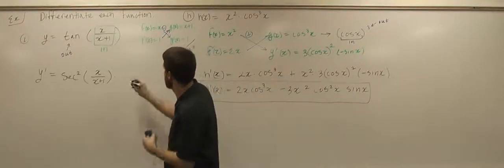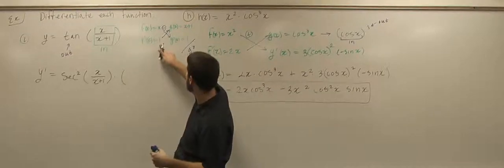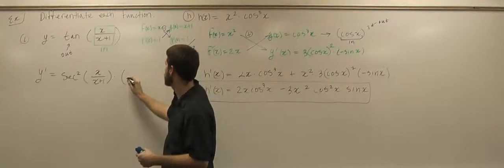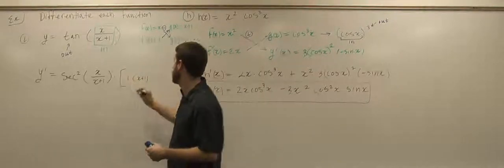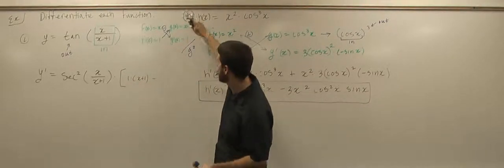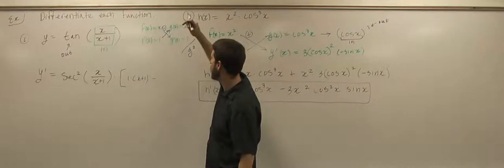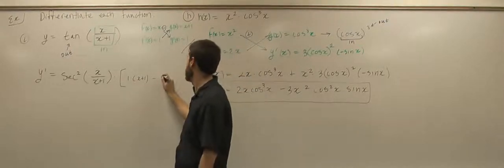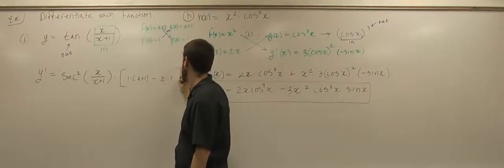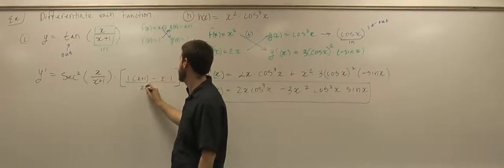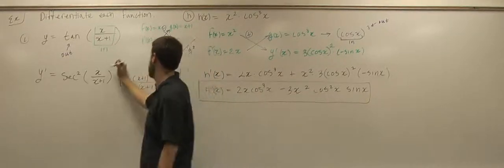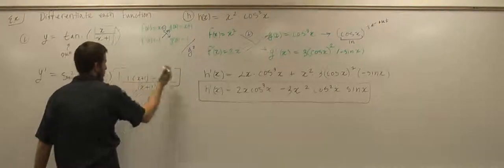So let's write it here. Derivative of the top, 1, times the bottom, x plus 1, minus the derivative of the bottom times the top, so x times 1, all over the bottom, x plus 1 squared. So this is your derivative of the inside.